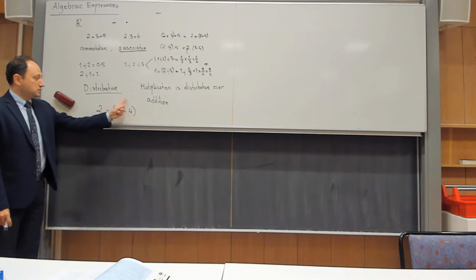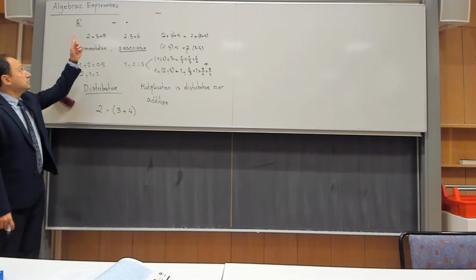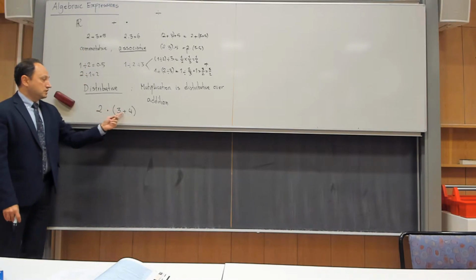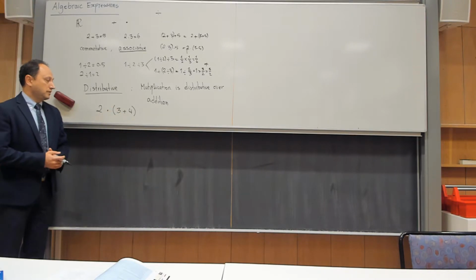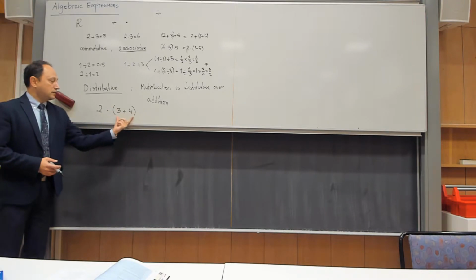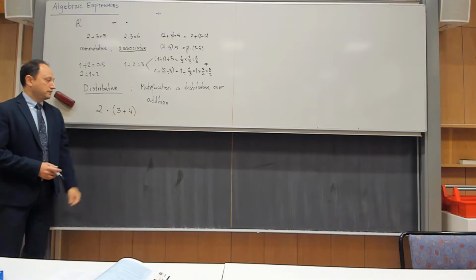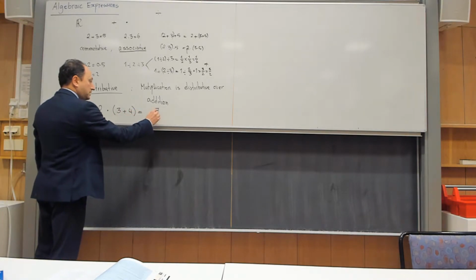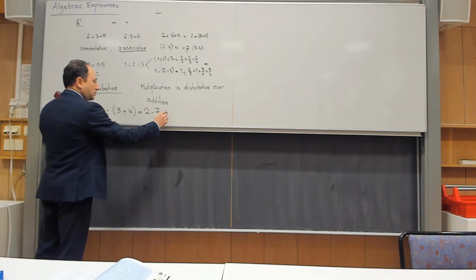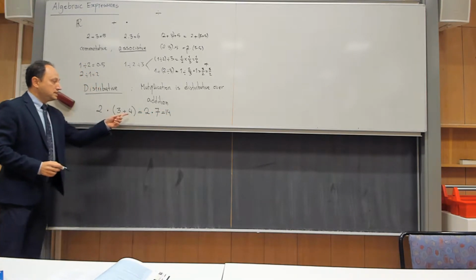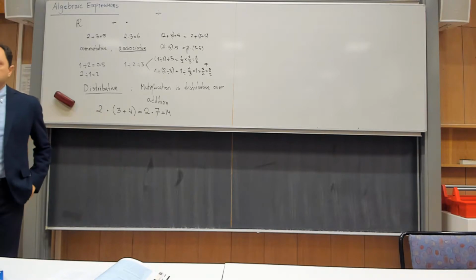Because in this expression, two operations are involved. One of them is multiplication, the other one is addition. But this pair of brackets tells you do this one first. The answer becomes 7. And then you multiply 2 by 7. The answer becomes 14.